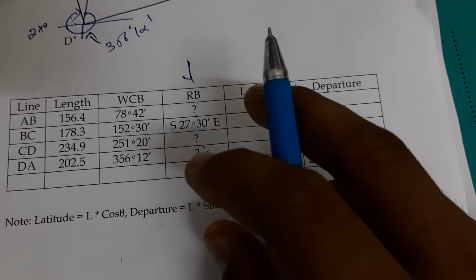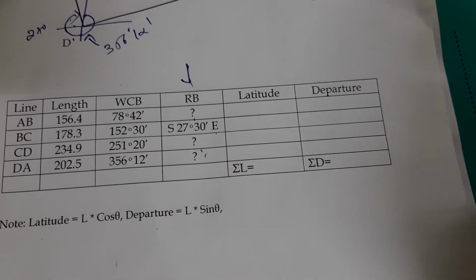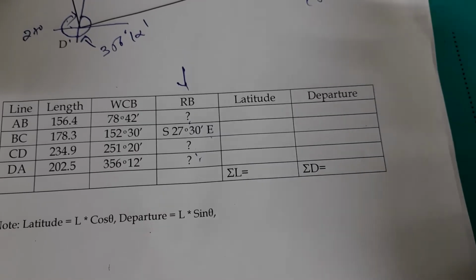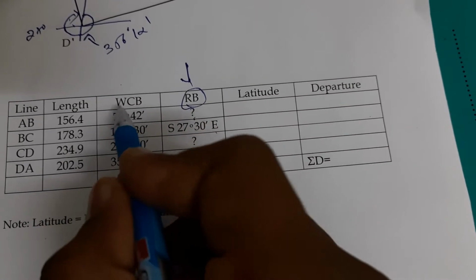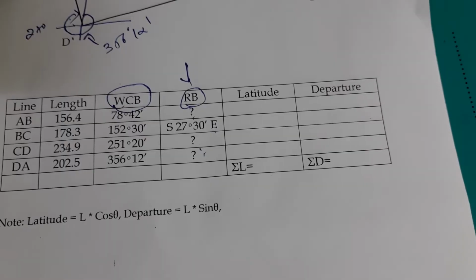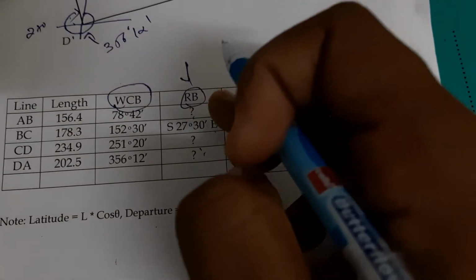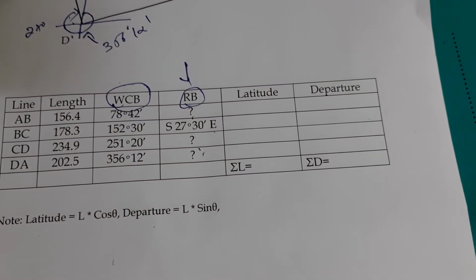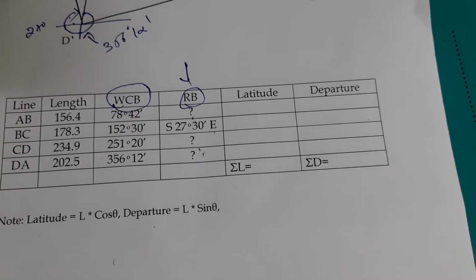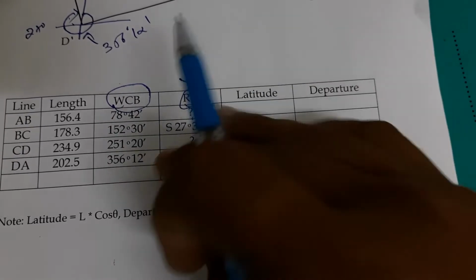In an example, the examiner may ask for the reduced bearing as well as the whole circle bearing. So you need to prepare both values, whether it is a whole circle bearing matter or a reduced bearing matter.